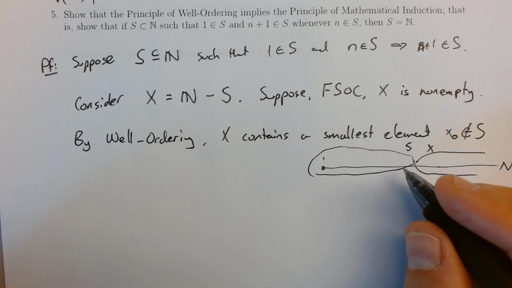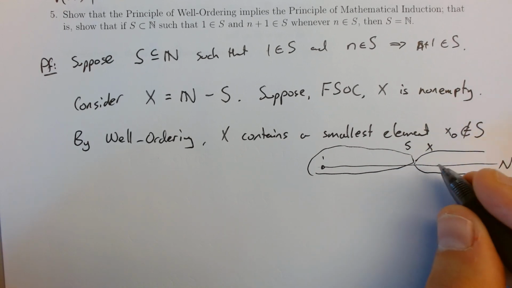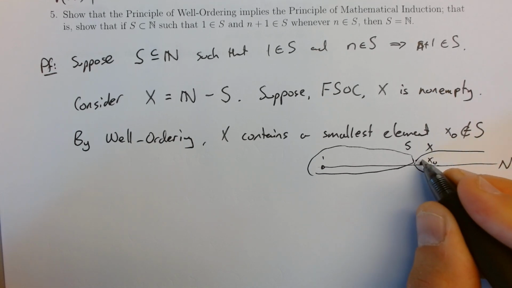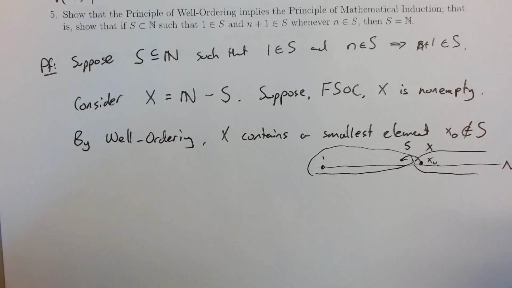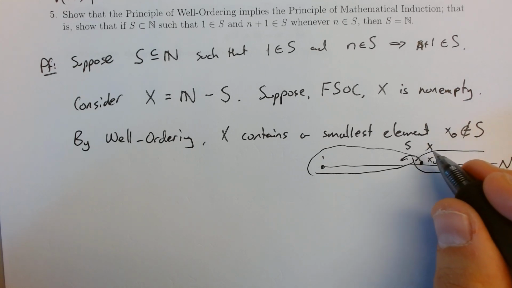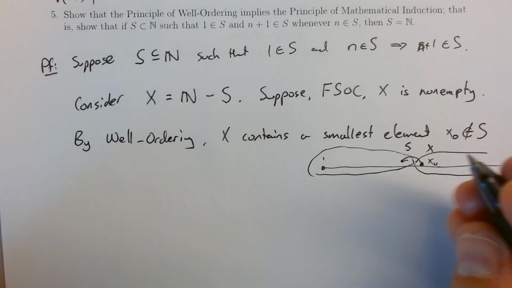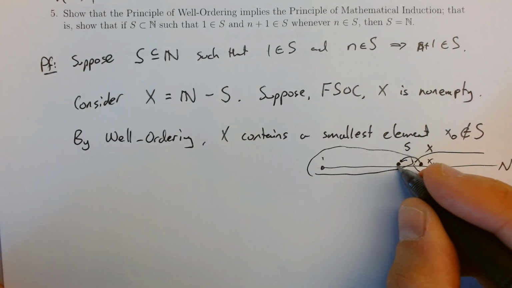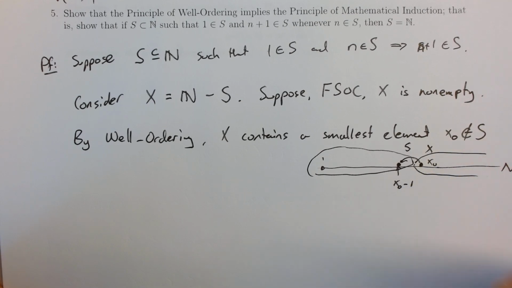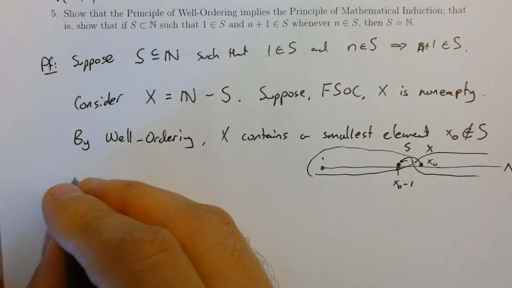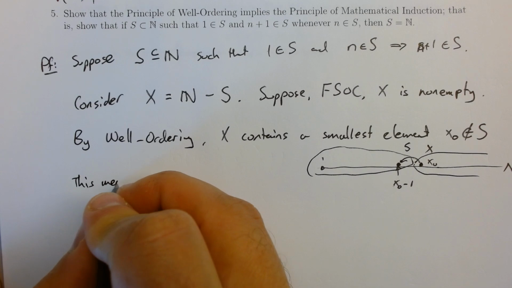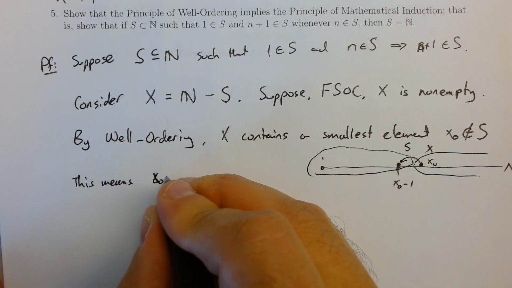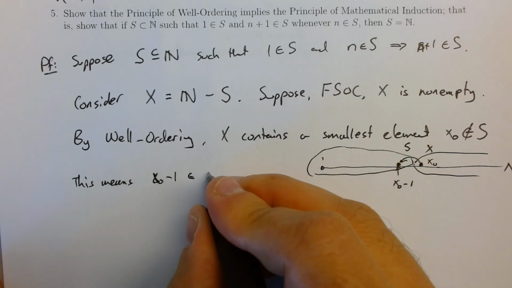In fact, they could have some overlap, potentially, but the smallest element is x0. So if I go one smaller, it can't be an X, because that would be a smaller element than in X. So the next smaller element, x0 minus 1, must be in S. So this means x0 minus 1 is in S.